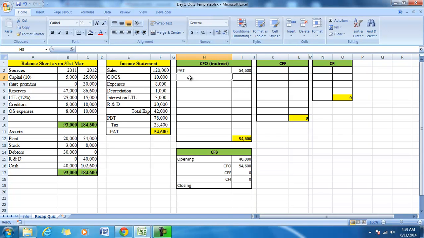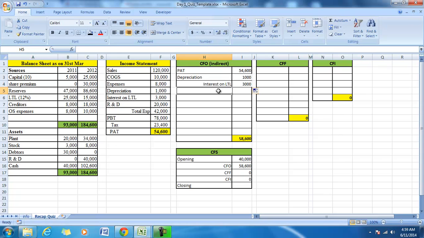Depreciation is a non-cash item, so we add depreciation. We are treating interest as a non-operating item, so interest is added back.